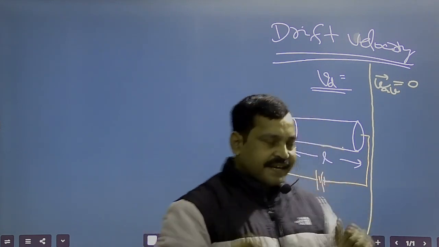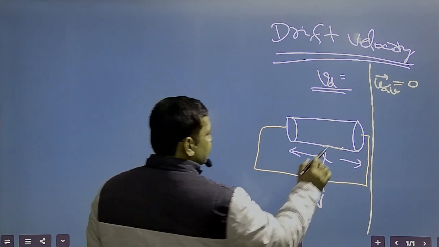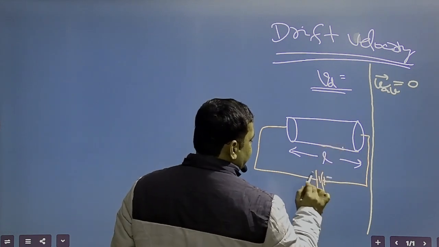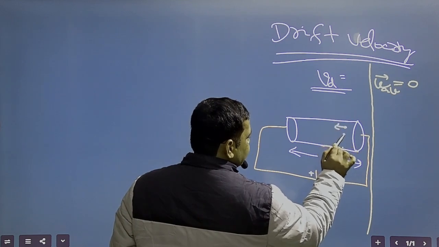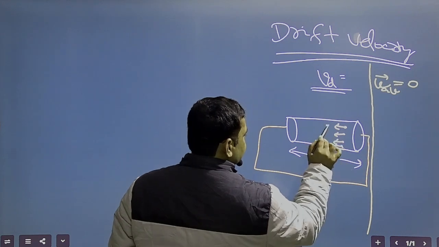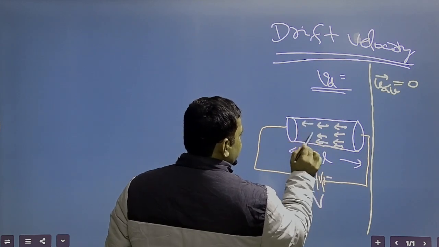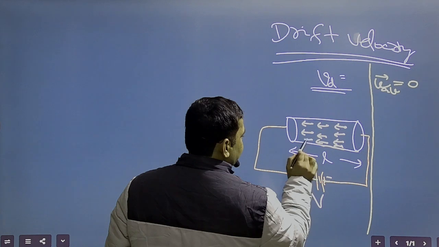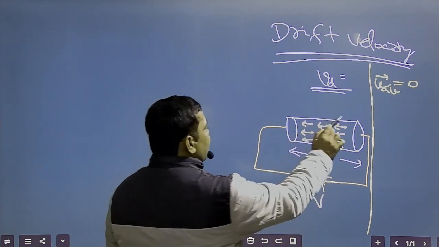What is the direction? If the potential difference is V, this is the negative terminal and this is positive. So free electrons will be moving from negative to positive. The electrons will be repelled by the negative terminal and move towards the positive terminal.